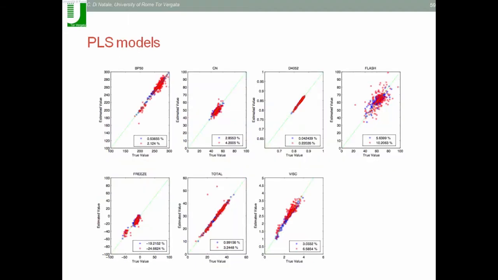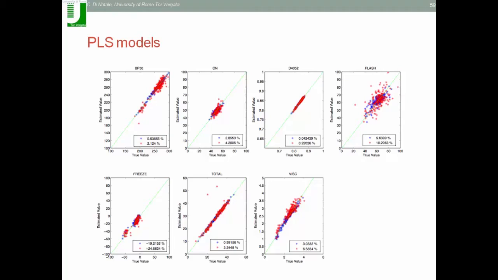And this is what happens with the PLS. So it's much better than before. We have, again, very good density and aromatics, but we also have very good estimation, for instance, for boiling point and viscosity, not so good for the flash point, but in any case, this is one instrument replacing 7. So this is quite an interesting example.